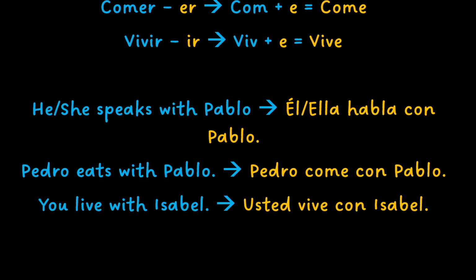He or she speaks with Pablo is él or ella habla con Pablo. Pedro eats with Pablo is Pedro come con Pablo. And you live with Isabel is usted vive con Isabel.